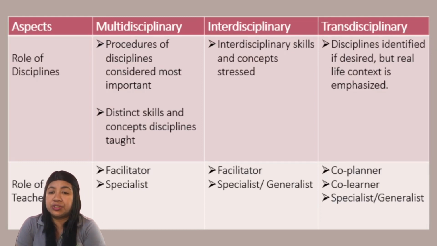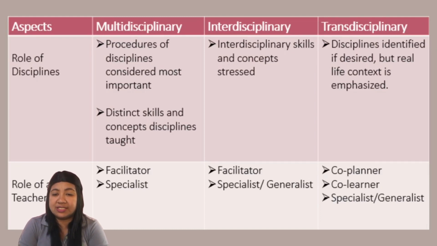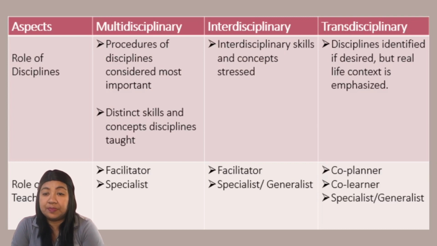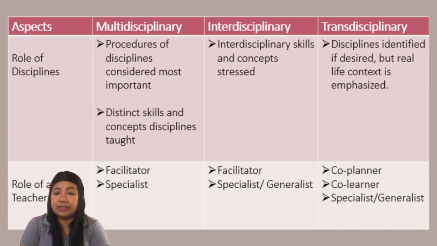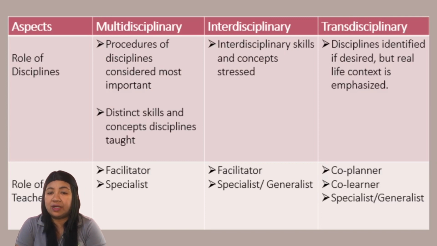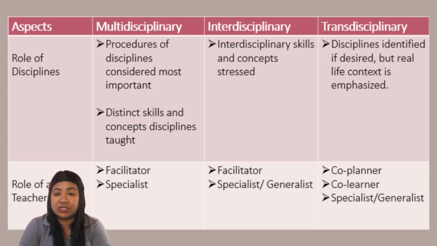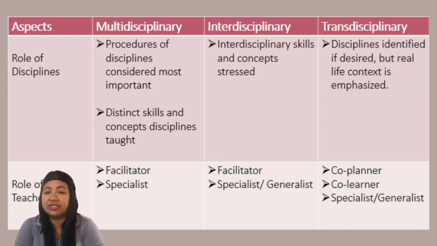The role of the teacher is facilitator, specialist, or generalist. In transdisciplinary, disciplines are identified if desired, but real-life context is emphasized. The role of the teacher is co-planner, co-learner, specialist, and generalist.